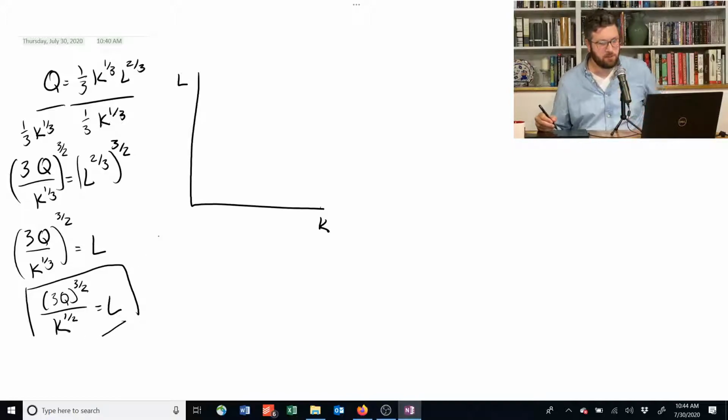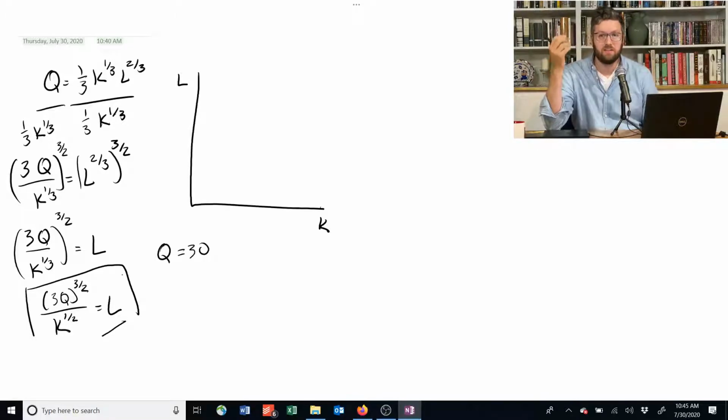Suppose, like we did in the last one, we wanted to find the isoquant for Q equal to 30. Well, if K is equal to 0, in this case, we're dividing a positive number by 0 and we get infinity. This gets to the idea that with these production functions, when you get to the edges where one input is really scarce and the other is plentiful, the scarce input becomes super important.